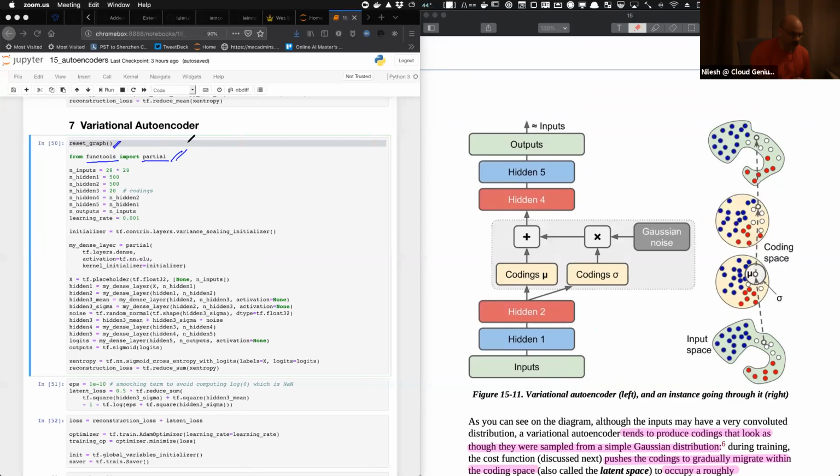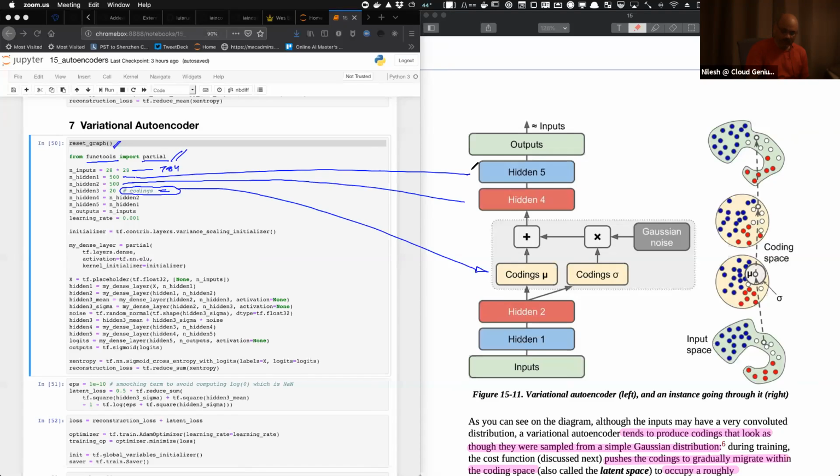That's an import from a Python library. Input image 28 by 28, 784. We have 500 here, 500 here, and 20 here. This is our coding, the encoder coding right there.